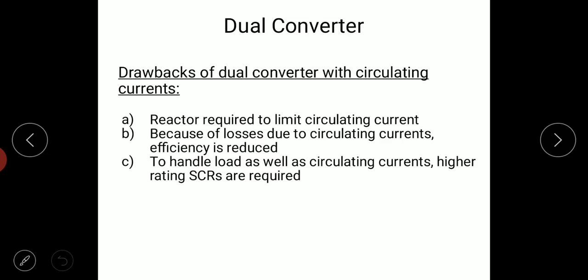In case the change in current required is not instantaneous, then we will no doubt prefer the dual converter where one by one operation is conducted. There is no circulating current. When converter 1 gets commutated, then converter 2 is triggered and vice versa.